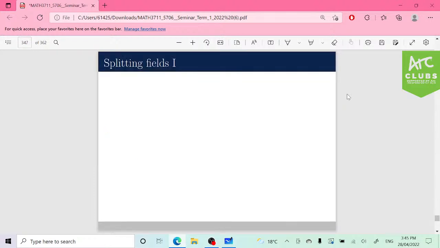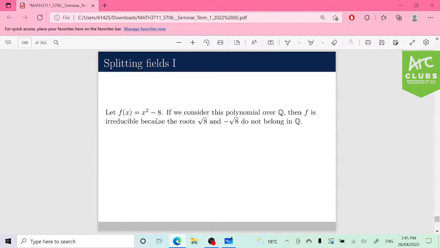All right, so we can talk about splitting fields. To motivate the concept of a splitting field, let's look at an example. Let's consider the polynomial x squared minus 8. And let's consider this polynomial over two specific kinds of fields.